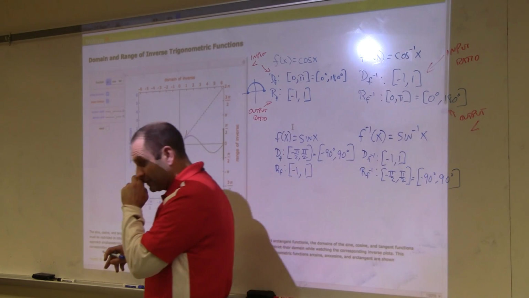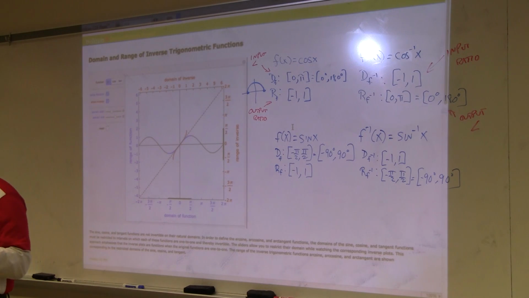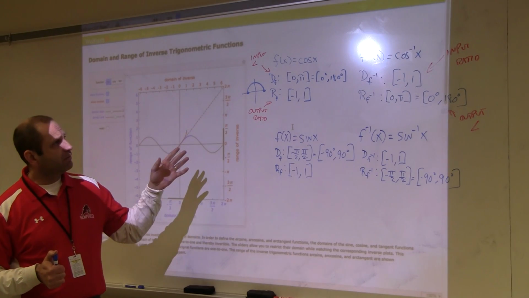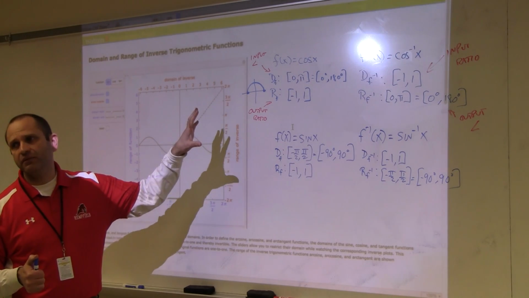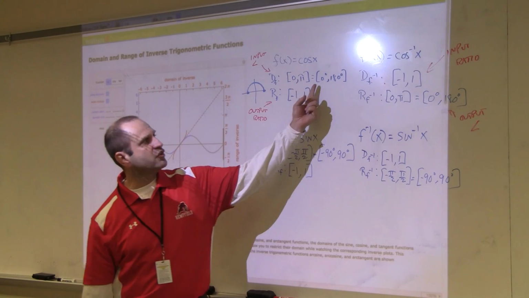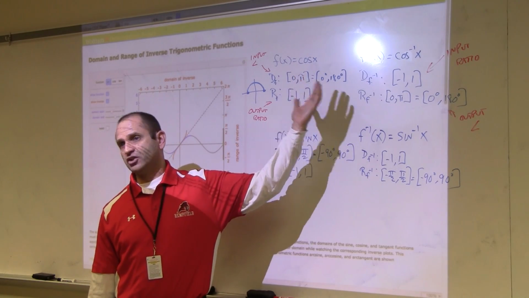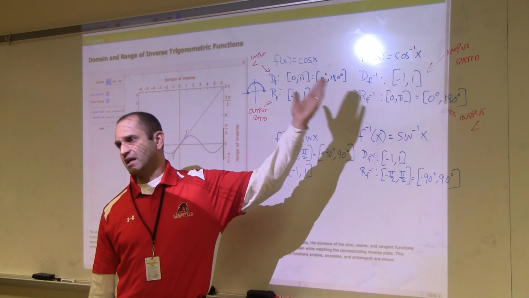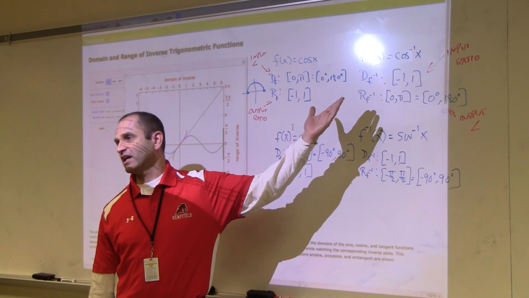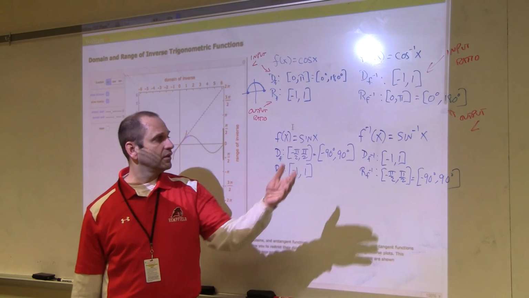Now, I want to point out something that doesn't seem like a big deal right now, but it will be very soon. In inverse cosine, when you use that on your calculator, you can get an angle between 0 and 180 degrees. That includes acute angles, right angles, and up to and including straight angles, but also obtuse angles.